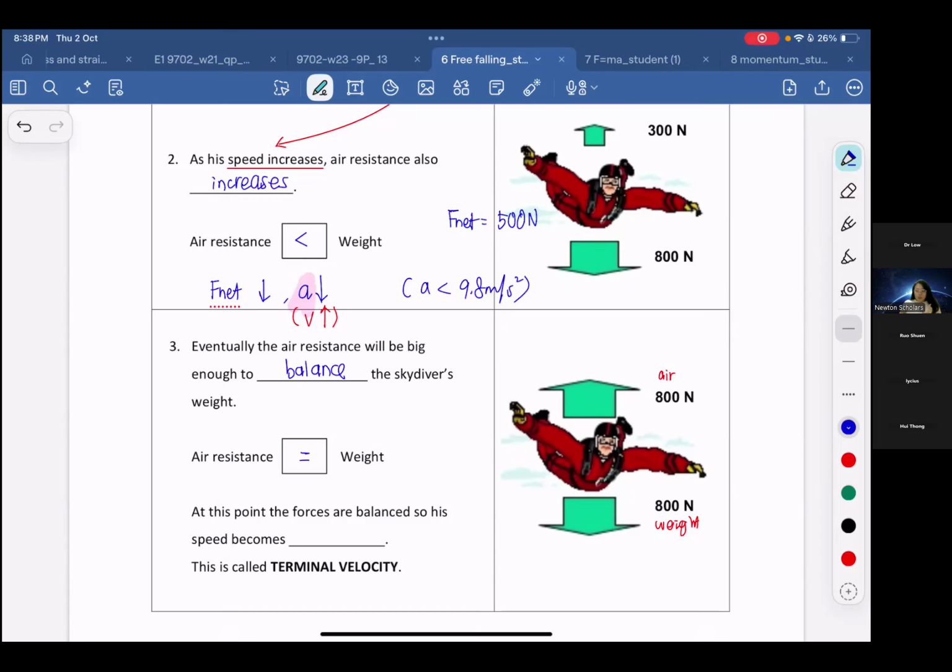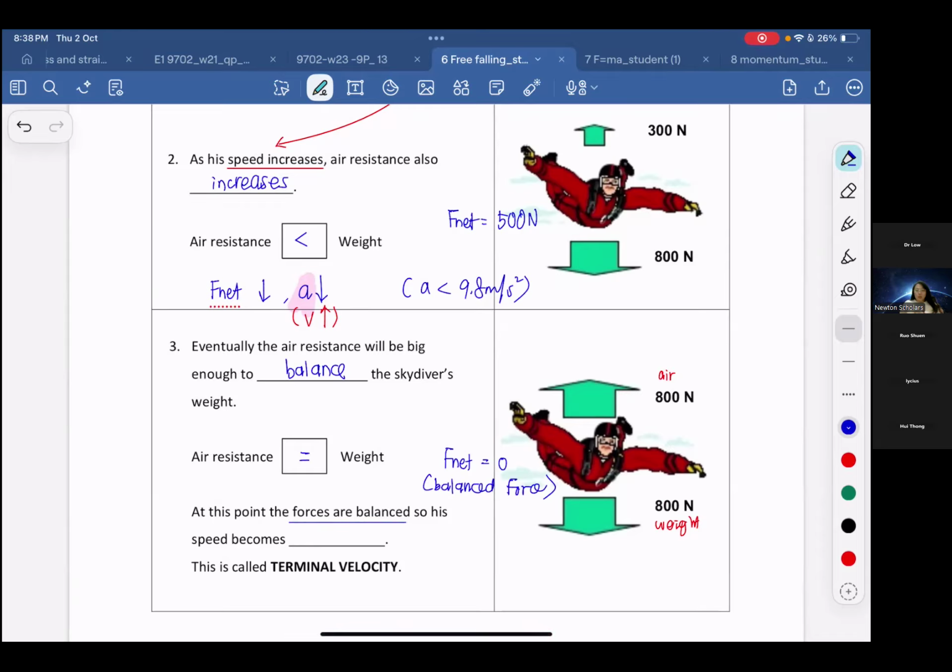At this moment your net force is 0. What does it mean? When we learn about force and motion, we talk about balanced force and unbalanced force. When net force is 0, this is called balanced force.